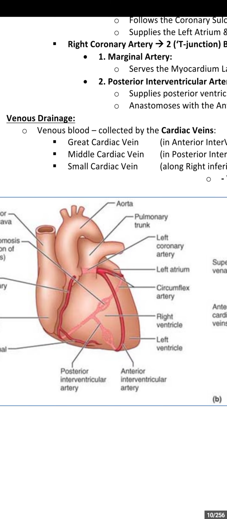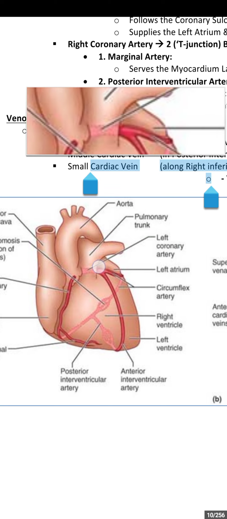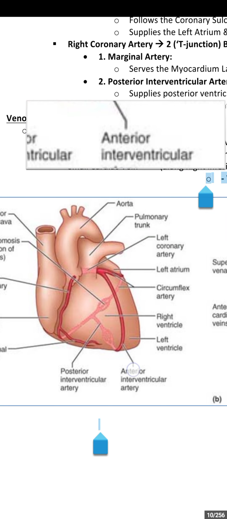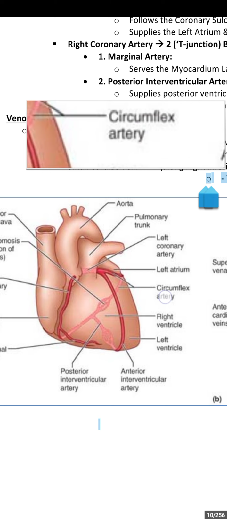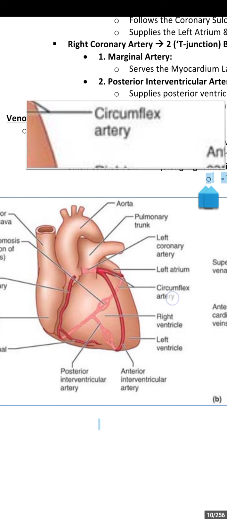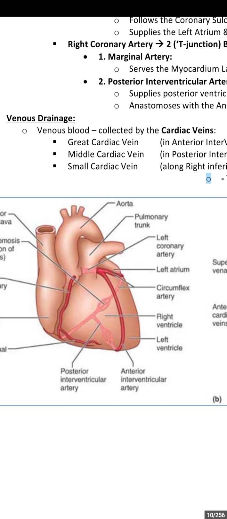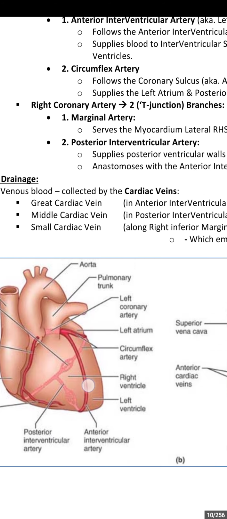The two branches of the left coronary artery are the anterior intraventricular artery and the circumflex artery. So you can see the points.